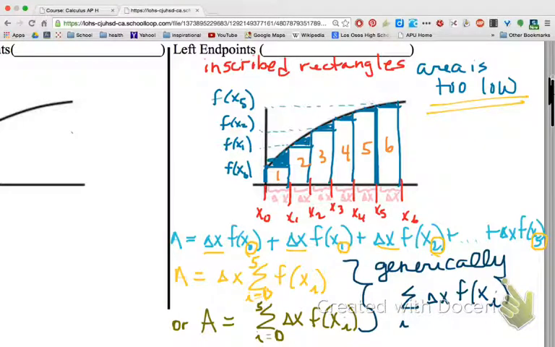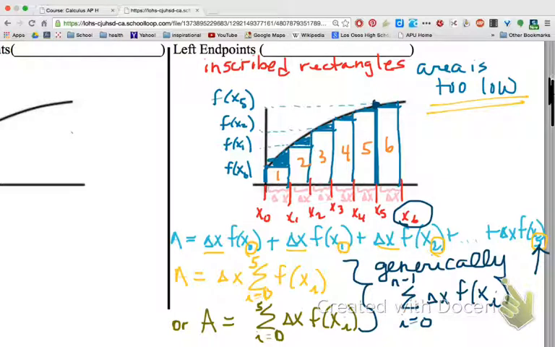But if I start at 0, notice that I'd be ending one less than whatever this was. So notice I didn't go all the way to x sub 6 because I'm doing a left endpoint. So I'd be going to n minus 1.